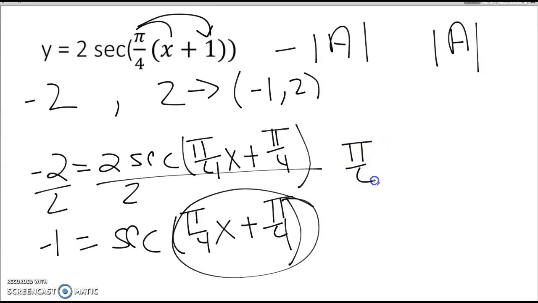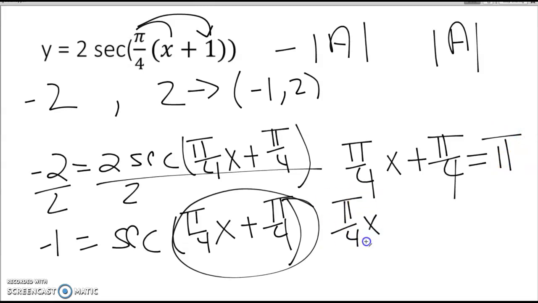So this is pi over 4x. And of course, there's 1,000 ways to do this, guys. This is just one way. Calculator is another way. I want that equal to pi. So I get pi over 4x equals pi minus pi over 4.